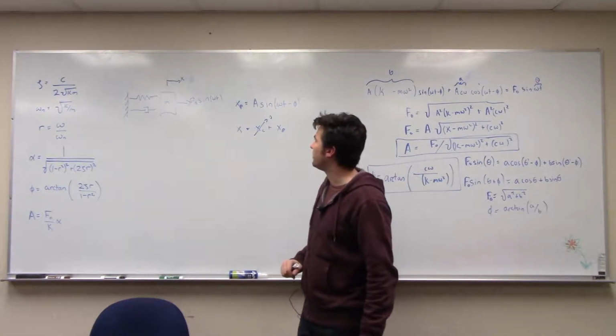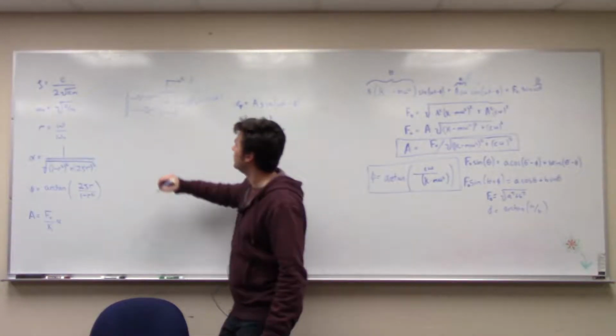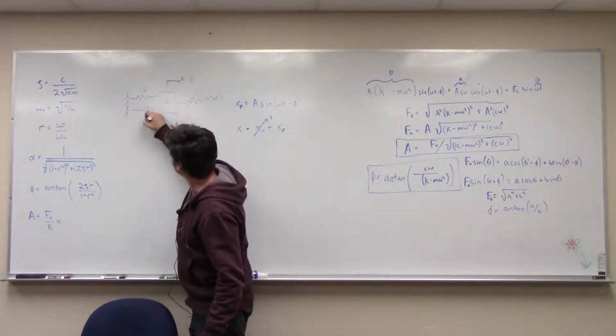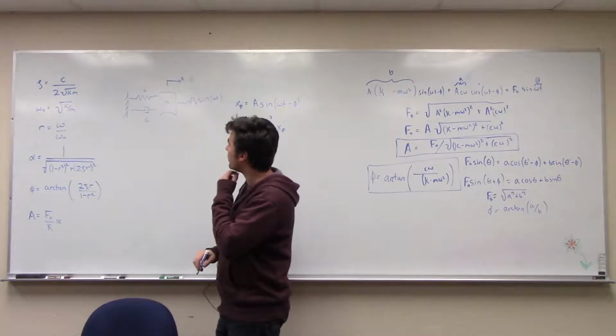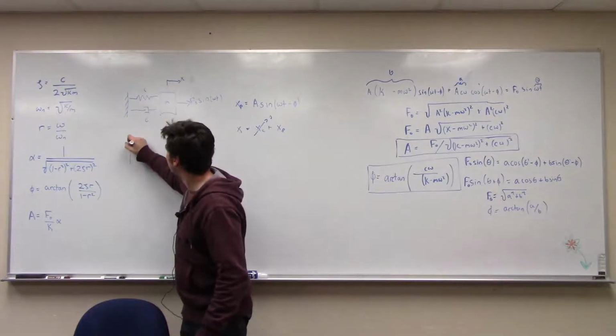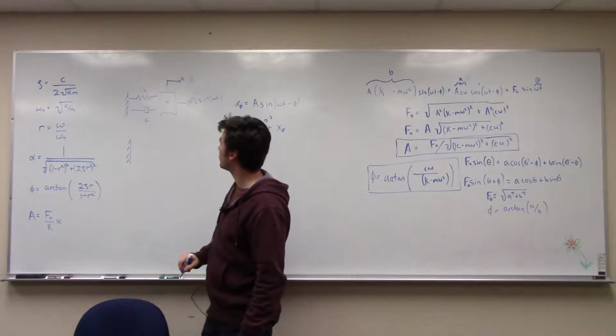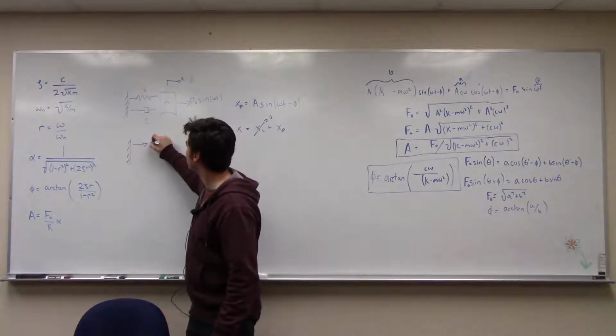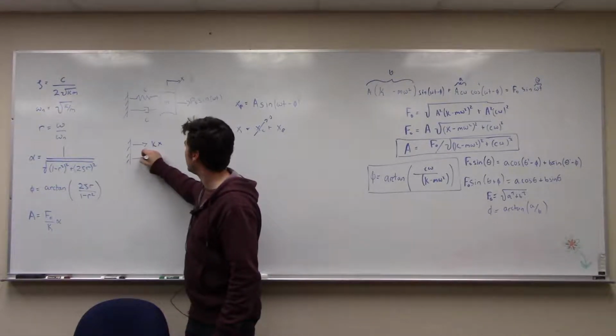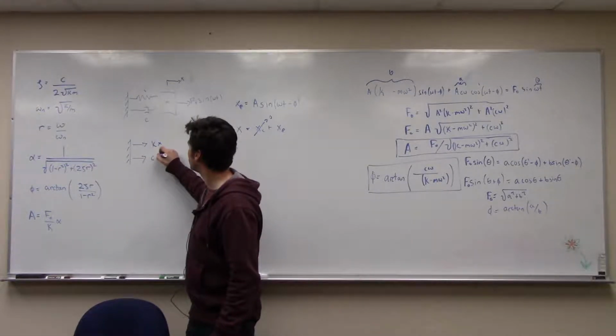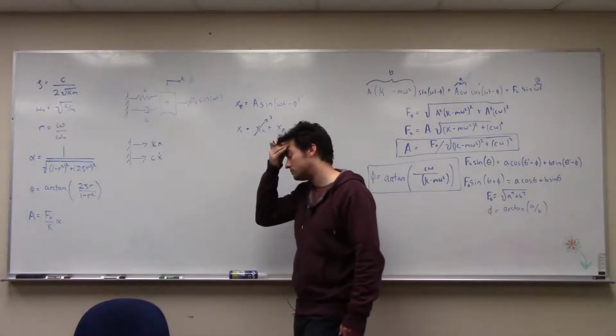Finally, let's get back to the forces on the wall. This was k and this was c. What's the force on the wall then? We did the free body diagram on the mass before. The force on the wall is going to be kx and c x dot towards the right.